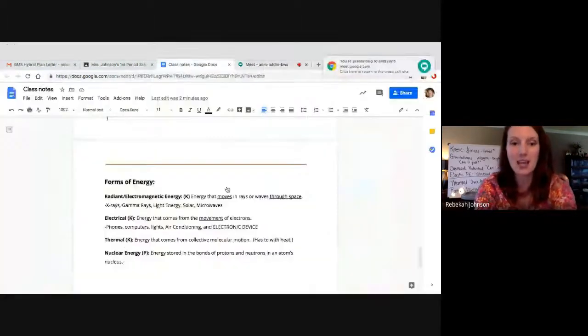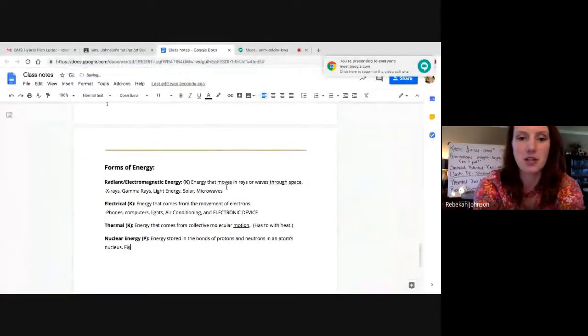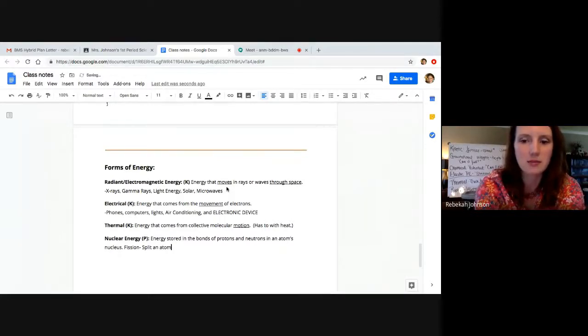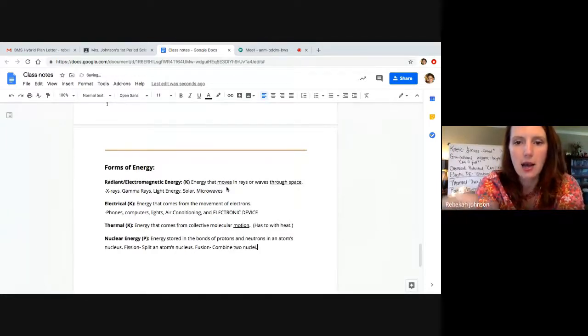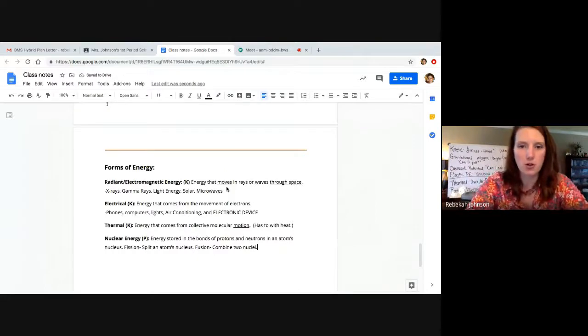So I do want to add in that we have fission, where we split an atom, or at least we split the nucleus. I keep spelling nucleus wrong. And we have fusion, where we combine two nuclei. That is the plural for nucleus.